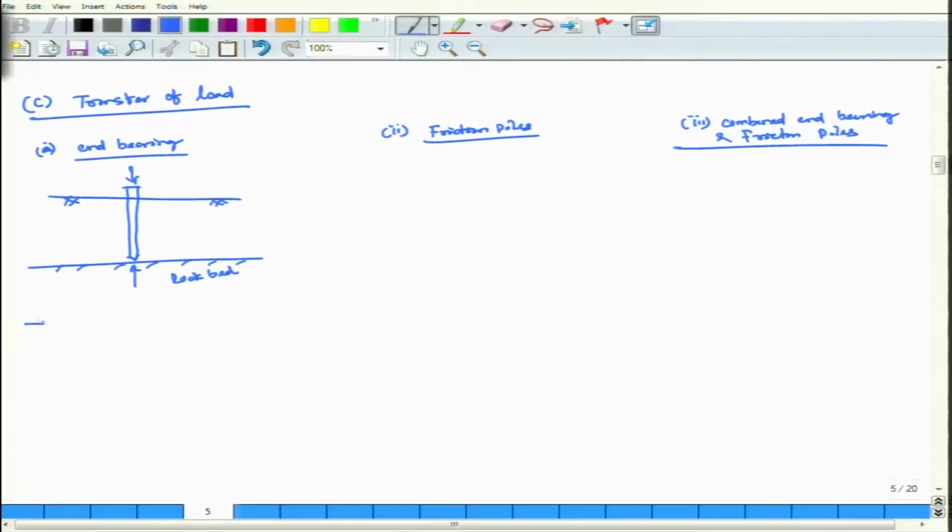So, what does it mean? It transmits loads through their bottom tips.